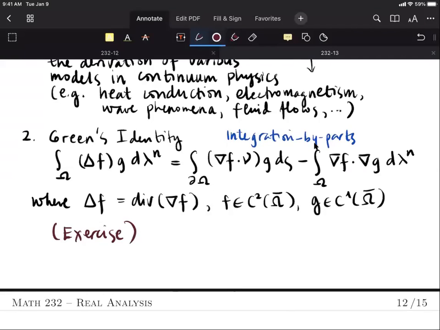So to end this lecture, let me present to you one application of the Gauss divergence theorem, which is the Reynolds transport theorem. And this is utilized in, let's say, a fluid flow where convection is taken into account.